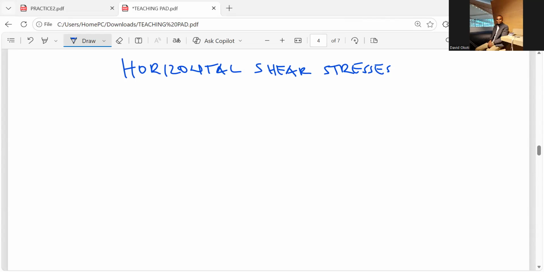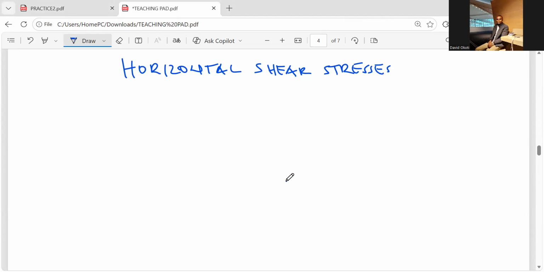I want to take you through the topic of horizontal shear stresses. These shear stresses normally occur in beams, which are horizontal structural members. We know that when external loads are applied on a beam, shear forces are set up in this particular beam.